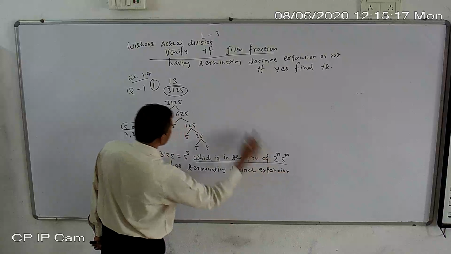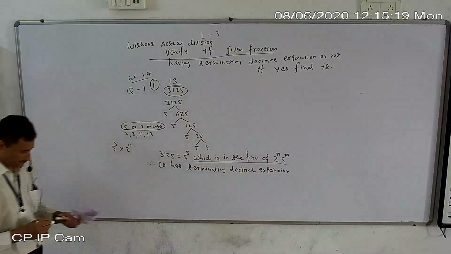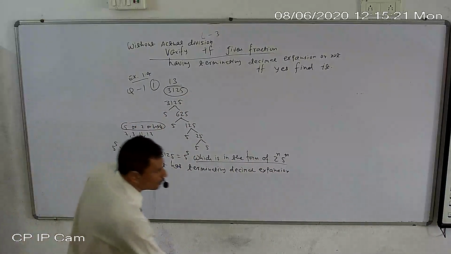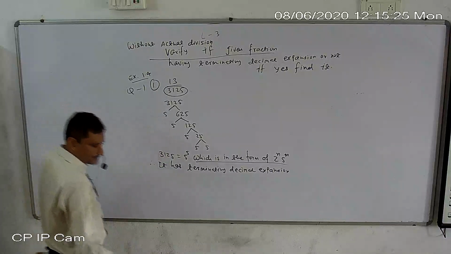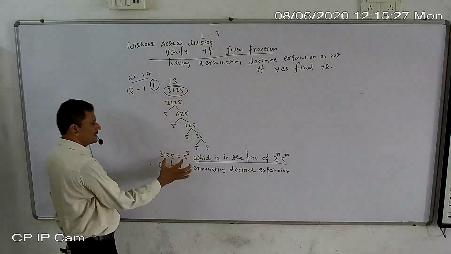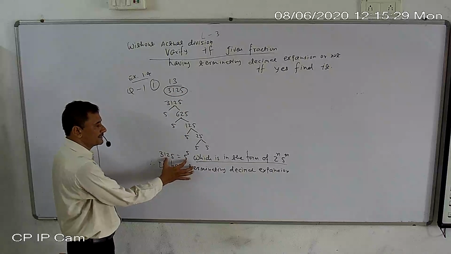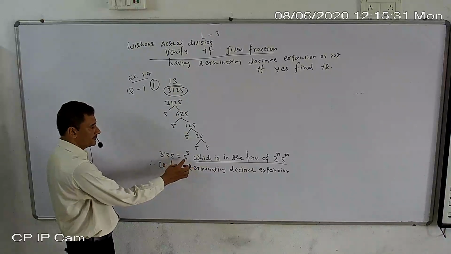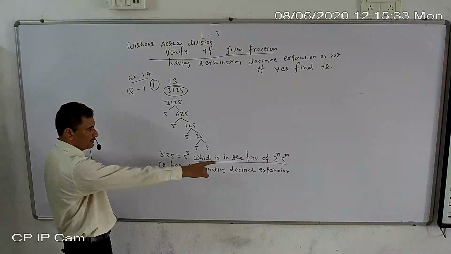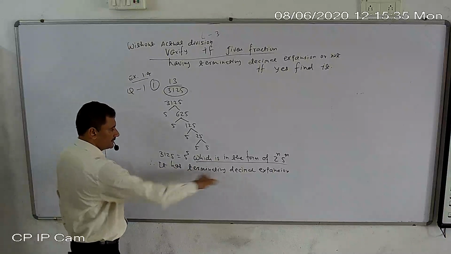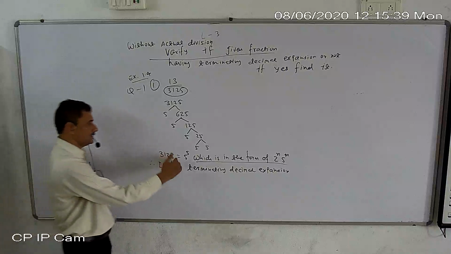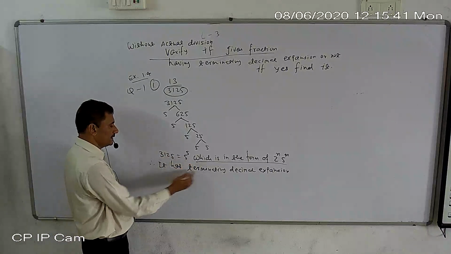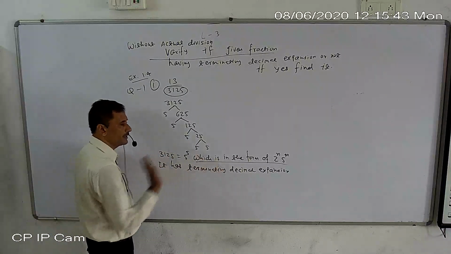So our first part is over. How? First of all, express the denominator as a product of primes. If there is 5, 2 or both, then say yes, it is terminating decimal expansion. If anything else is there, then say no, means non-terminating decimal.